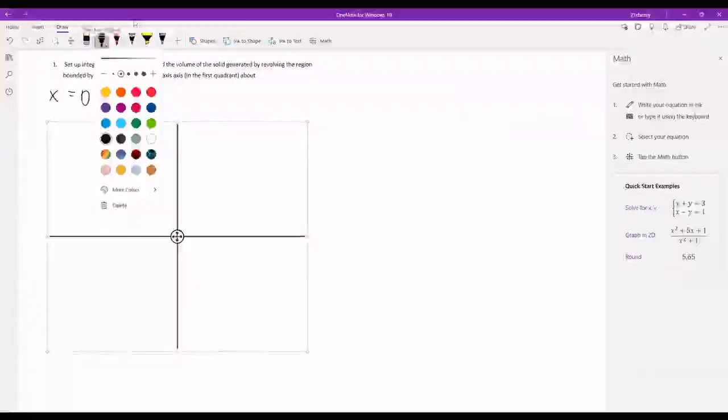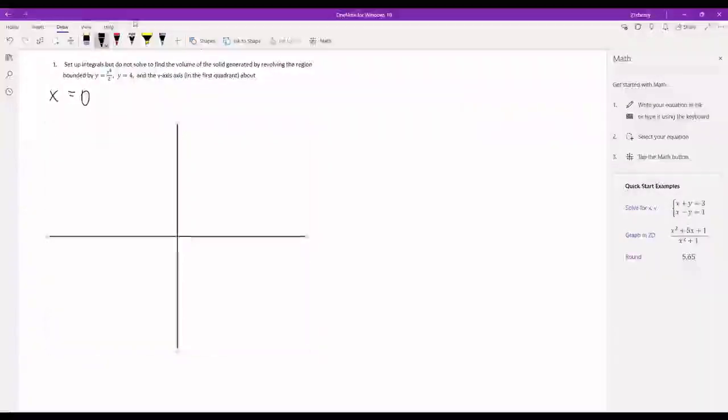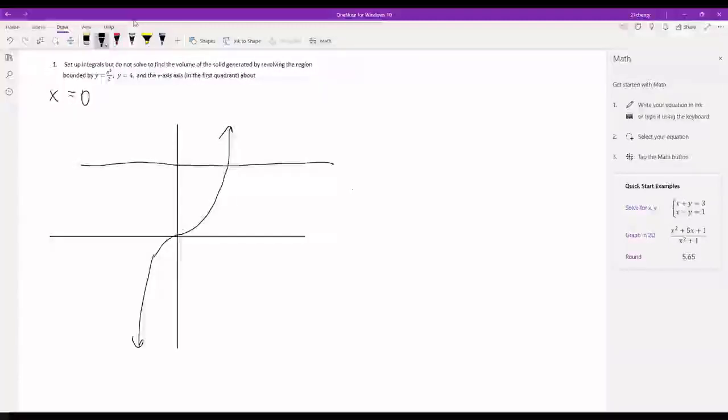So x cubed is something like this. Like that. And y equals 4. And we're revolving this around x equals 0. Like this. And it's kind of like this circle thing.